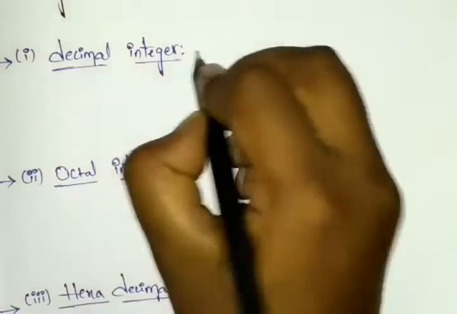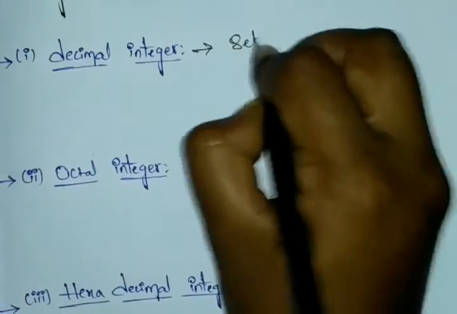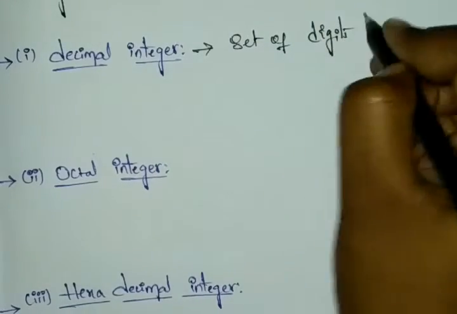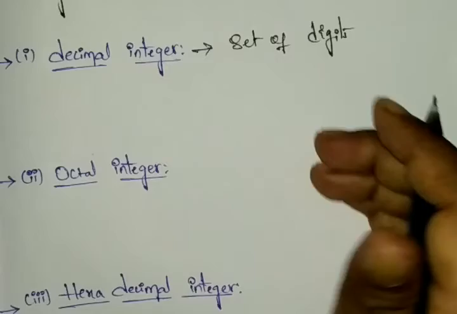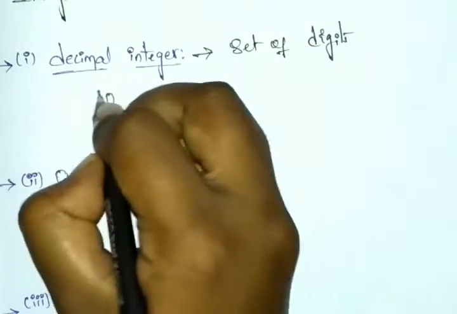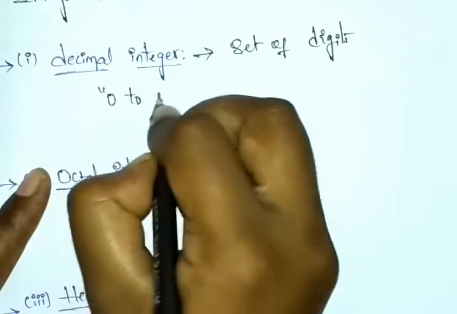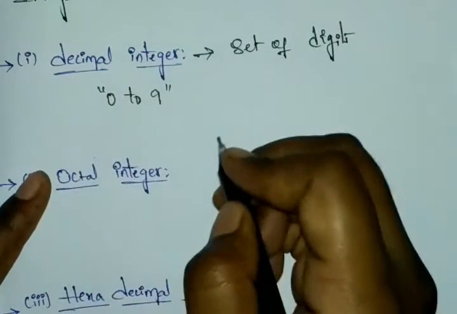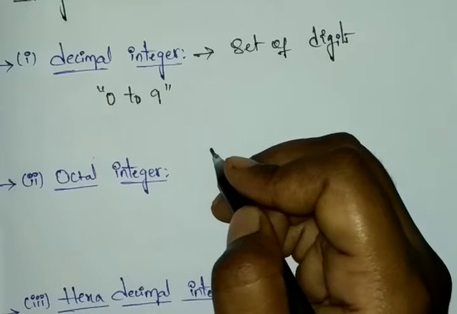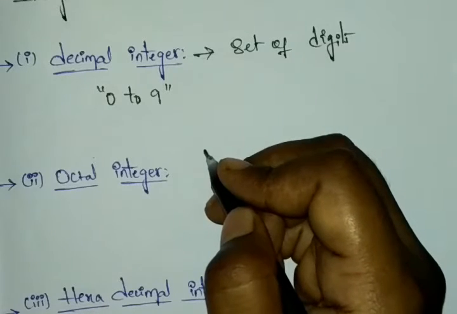Okay, so it accepts a set of digits similar to our integer only. These set of digits will be like 0 to 9 values. Normally we have numbers from 0 to infinity, right?